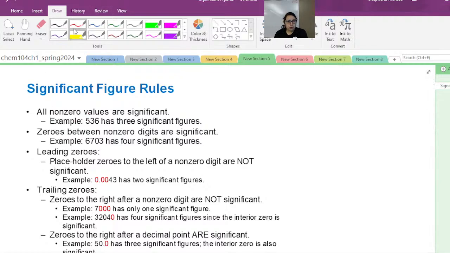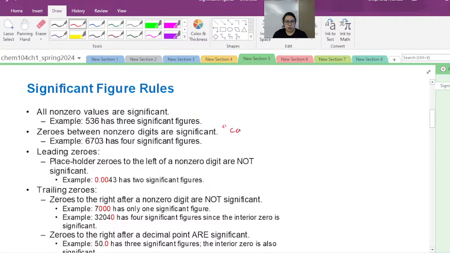The first rule is pretty self-explanatory: all non-zero values are significant. That makes sense, right? Every digit that you see on the balance is significant. So this number, 536, has 3 sig figs. And then this next one is also pretty self-explanatory.